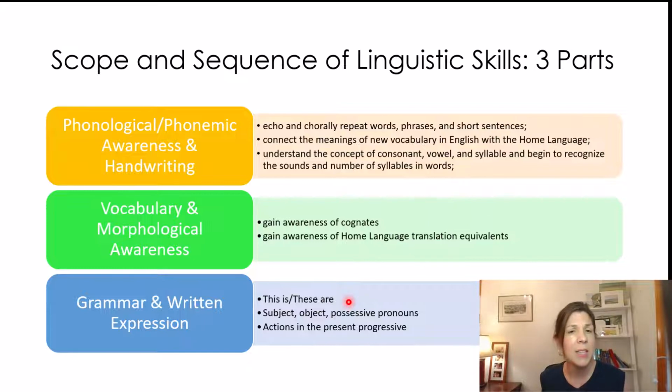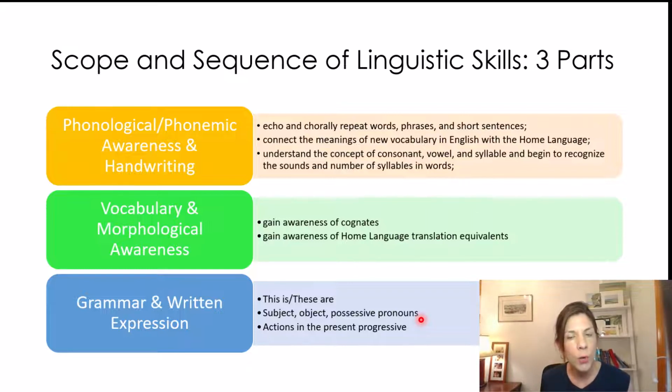In terms of grammar and written expression, I want them to start off pointing to things and being able to say this is or these are. Learn subject, object, and possessive pronouns, as well as describe actions in the present progressive. Okay, as I said, I have a list of skills that I want you to teach the first 6 weeks of school.